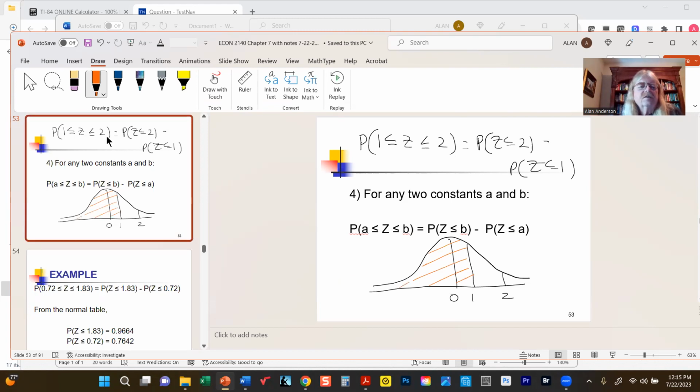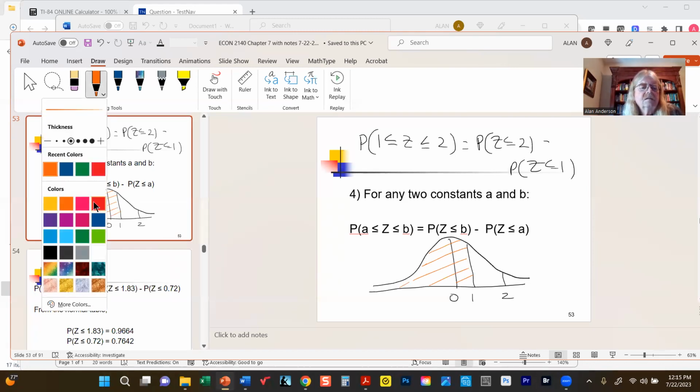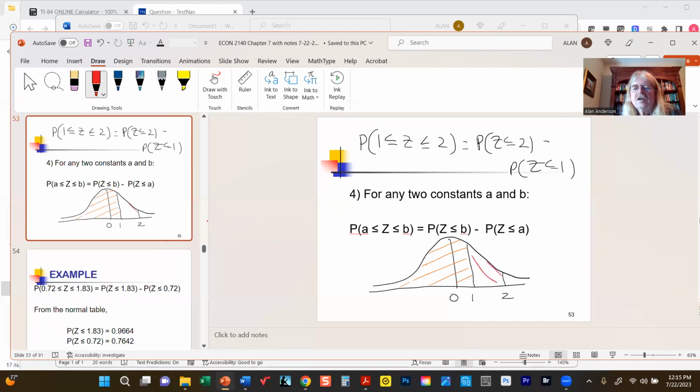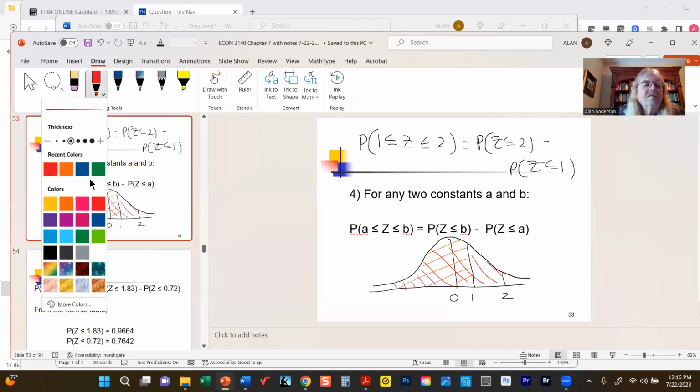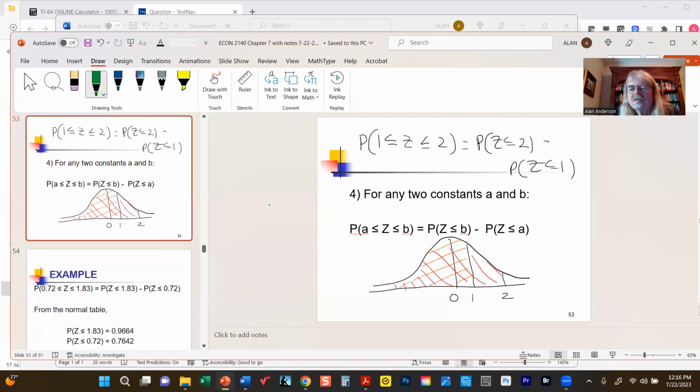The area less than or equal to 2, I guess I'll make that red. I'll also put the slashes in the other direction. So the difference between the two is what you're really aiming for, and that would be this green section in here. What's left over when you subtract one from the other is what you're actually looking for.